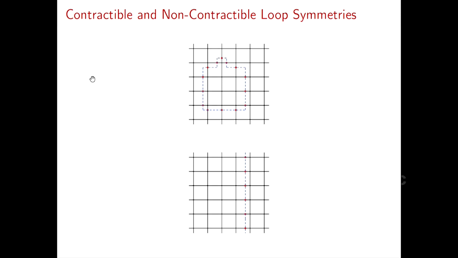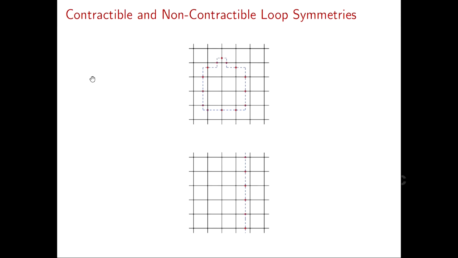The main reason is that in the toric code you can move these loops around, but in the groupoid case these loops are very rigid. I cannot shift this loop to another contractible loop which is translated. All this is due to the fact that we have changed the group to a groupoid.